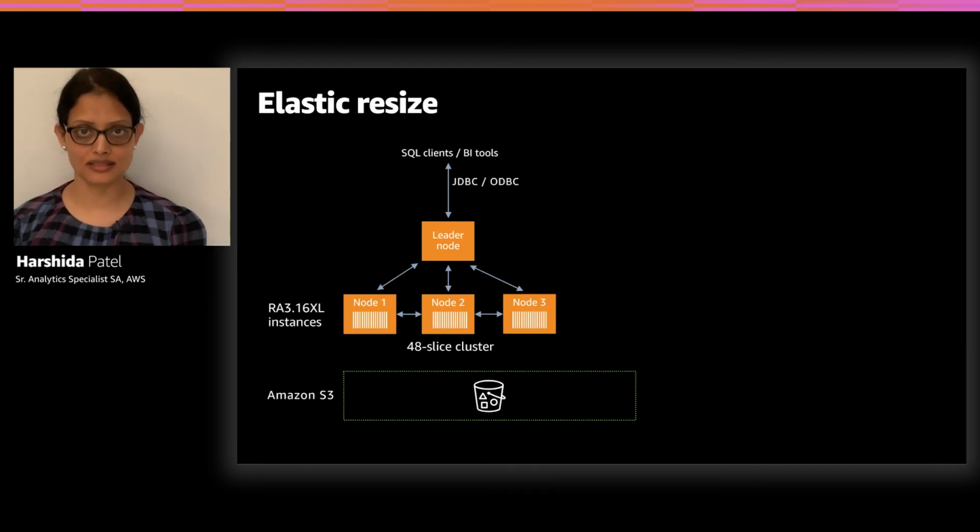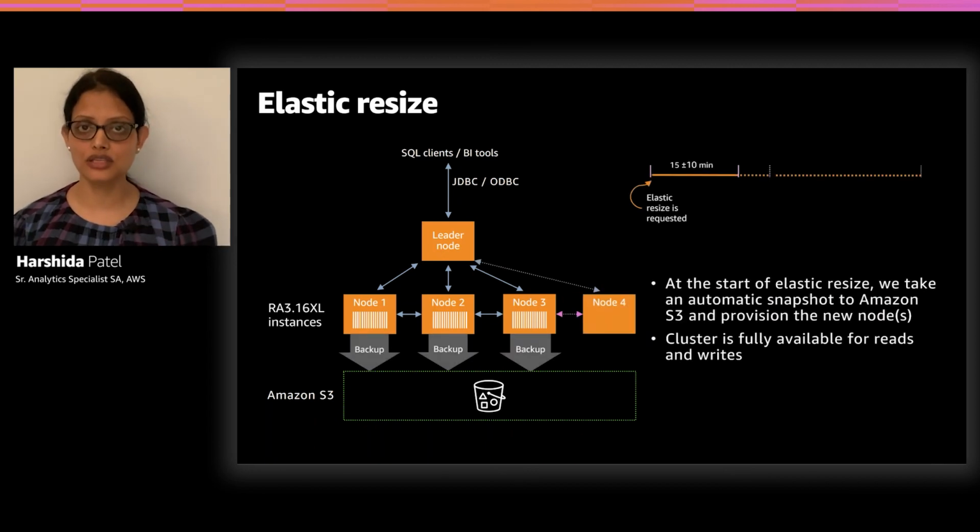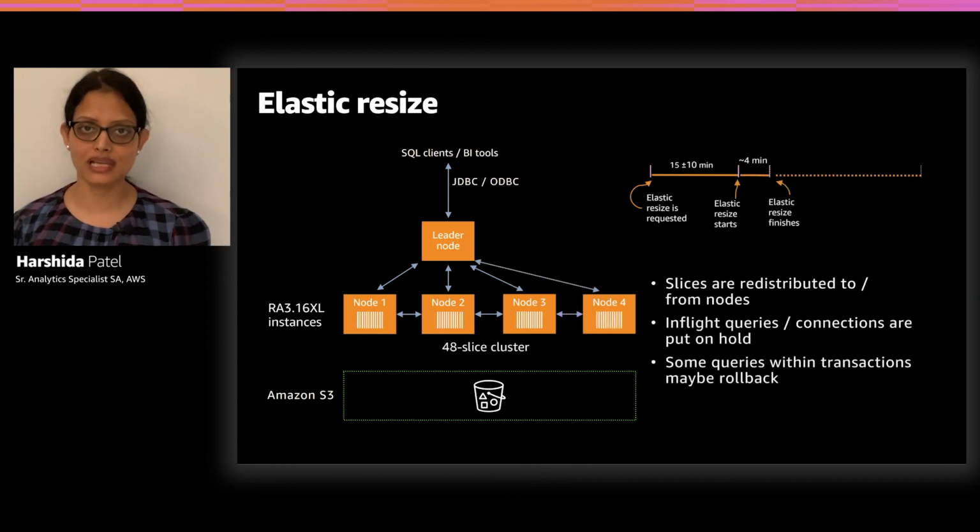Elastic resize. Exactly the same example, RA3 16xlarge: we are starting with 3 compute nodes and we want to resize by adding 1 more compute node. With elastic resize, Redshift adds a new compute node to the existing cluster. It takes an incremental snapshot, pushes it to S3, and there is a duration of 4 minutes or less where Redshift moves the metadata or the slices.